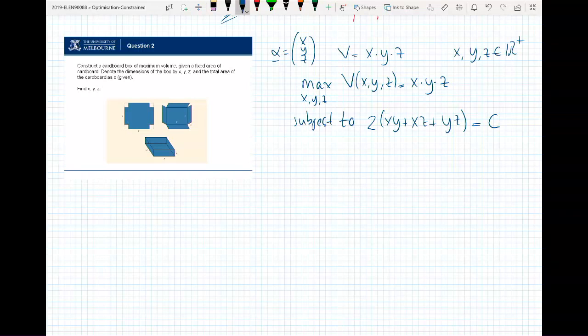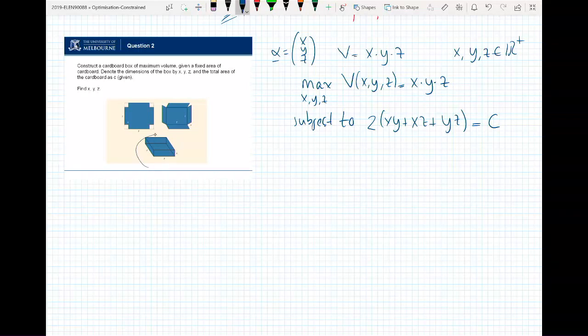No, it is a closed box. Why do you say that? It's a closed box.